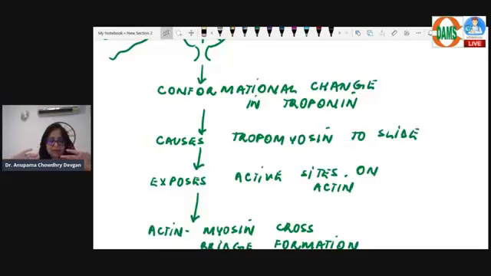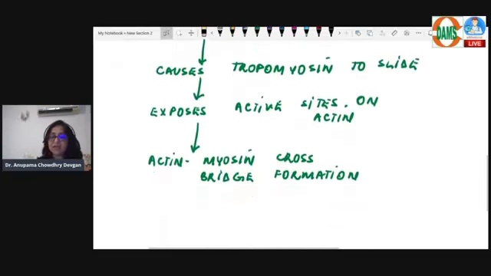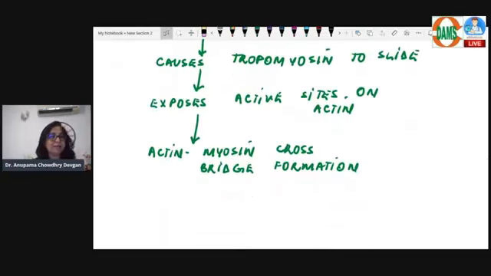The active sites on actin are exposed, which causes the actin-myosin cross bridges to form. And the moment the cross bridges are formed, there is going to be a muscle contraction. So this is how the muscle contraction starts.